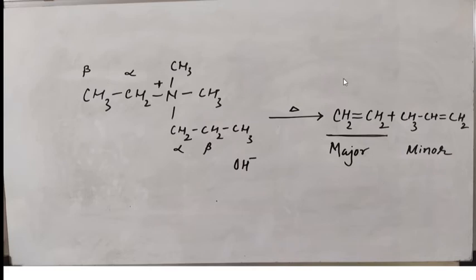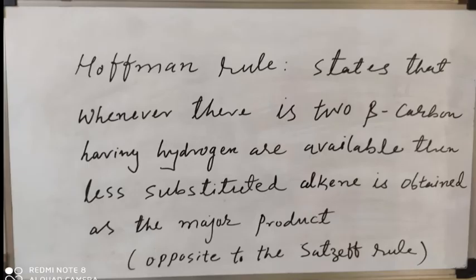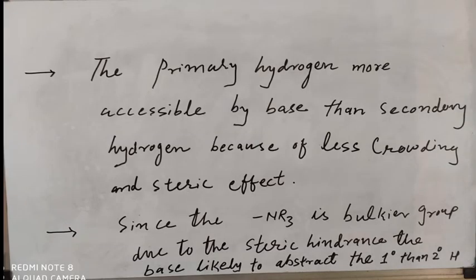Okay, so what is the reason? Why is it so? Why is the less substituted alkene here the major product, whereas in Saytzeff elimination, the Saytzeff rule says that the more substituted alkene is obtained as the major product? Because here it's a quaternary ammonium salt, so it's a larger and bulkier group.